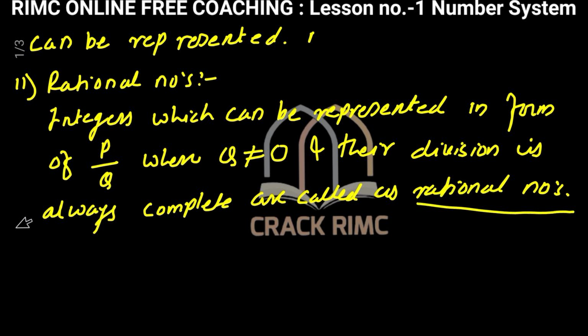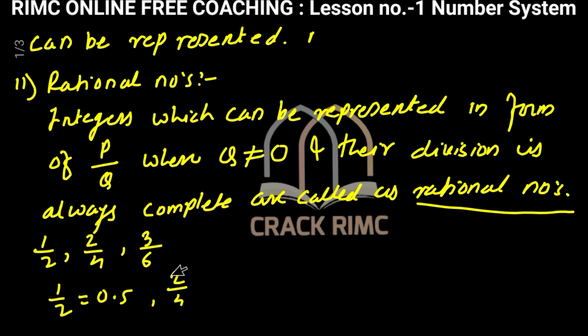For example, we can take here 1 upon 2, 2 upon 4, 3 upon 6. Okay, if we solve this, 1 upon 2 is equal to 0.5. Again 2 upon 4, 2 ones are 2, 2 twos are 4. Here we take 0 decimal.